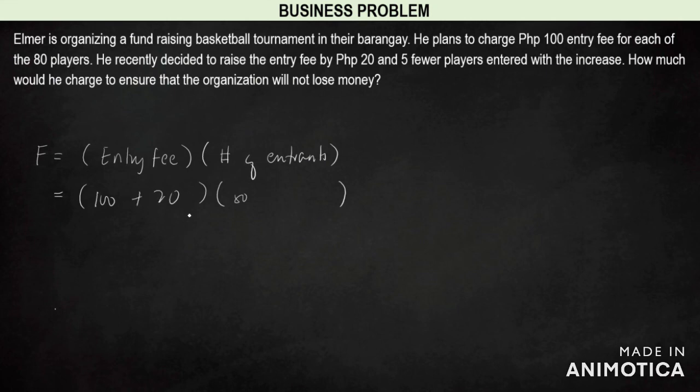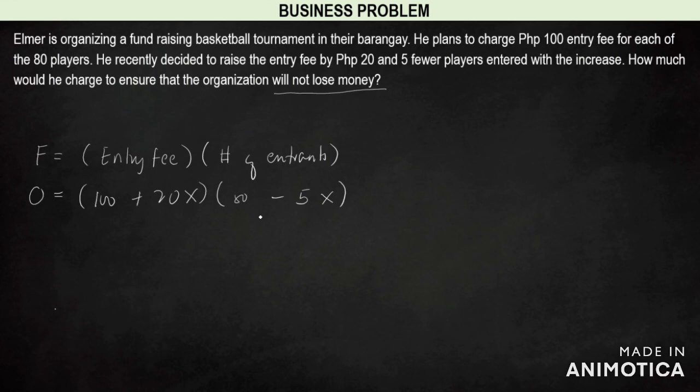Notice that every time he increases by 20 pesos, 5 will not register. The question is, how many times can he increase by 20 to ensure that he does not lose money? So, we'll make it 0, at least 0.